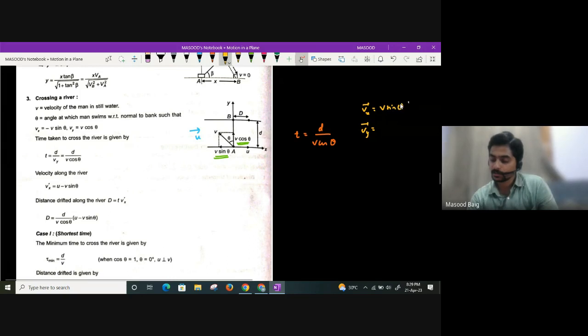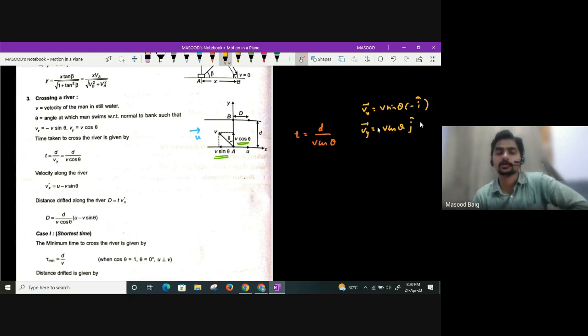It is v sin theta in the minus i cap direction. And the y component is v cos theta j cap. Yes or no, all of you? Which component of velocity is responsible for crossing the river? v cos theta. So we got the time of crossing as d divided by v cos theta, guys.